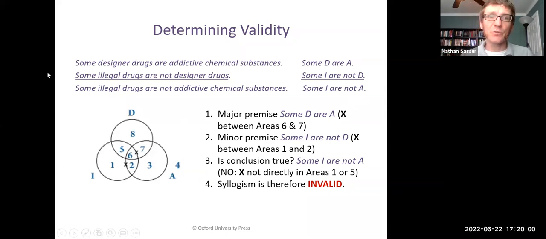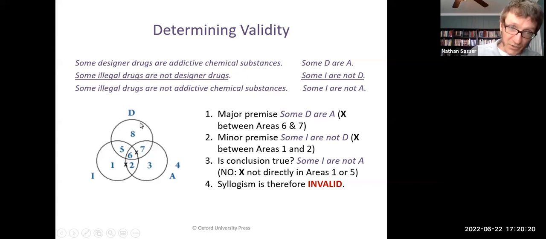The first one says some designer drugs are addictive chemical substances. So D is going to be designer drugs, A is going to be addictive chemical substances, I is going to be illegal drugs. So the first premise is saying this, some D are A.